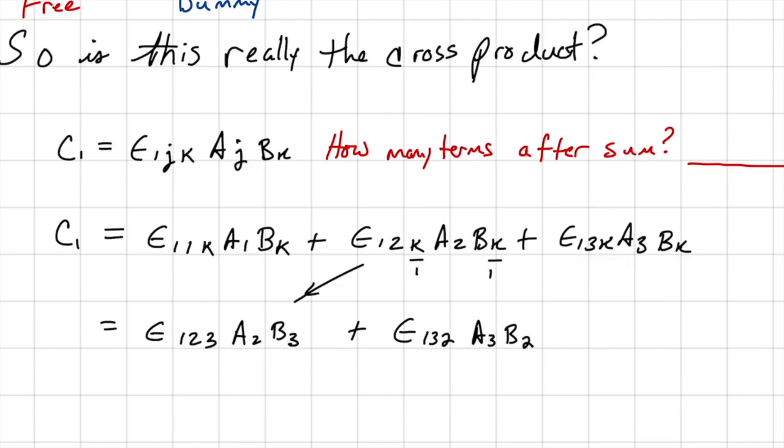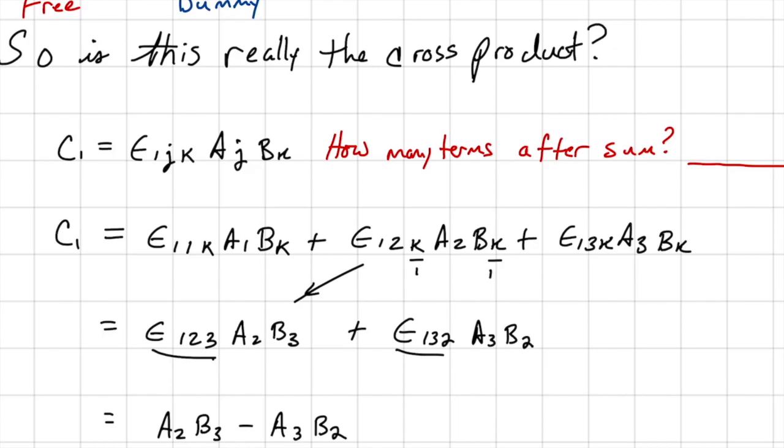So C1, which looked like a big mess to start with, is actually quite simple. It's just 2 terms. And what are those 2 terms? Well, epsilon 1, 2, 3 we know is positive 1, so that's a2, b3. Epsilon 1, 3, 2 is anticyclic, or in the wrong order if I read through it, and that becomes minus a3, b2. All right, so what does this mean?